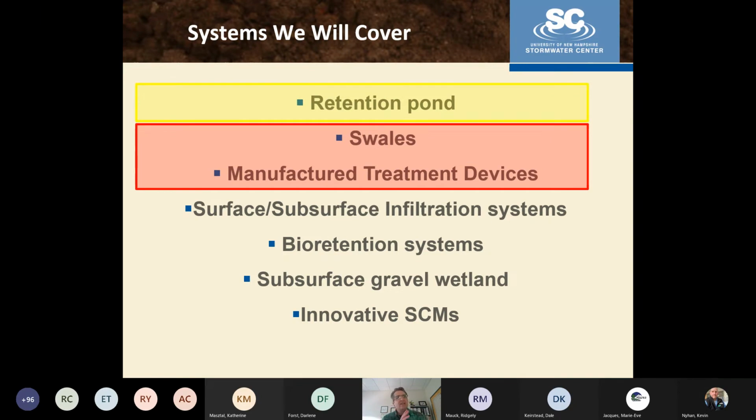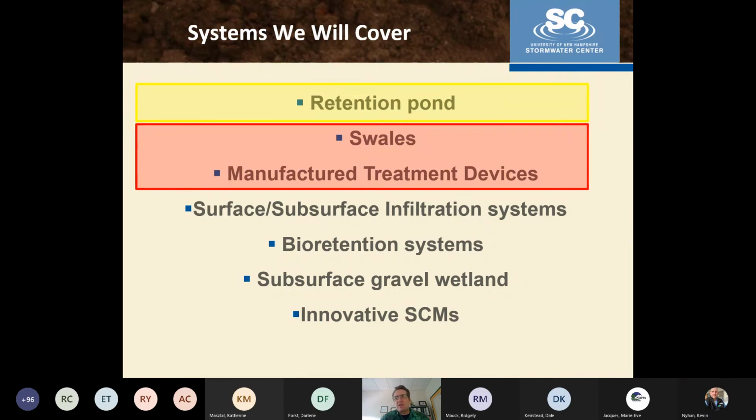So that's the yellow: these retention ponds can do well as long as they have a healthy aquatic environment. Once they start degrading or once they start to eutrophy, they actually can become sources. And a lot of times that's due to lack of maintenance.